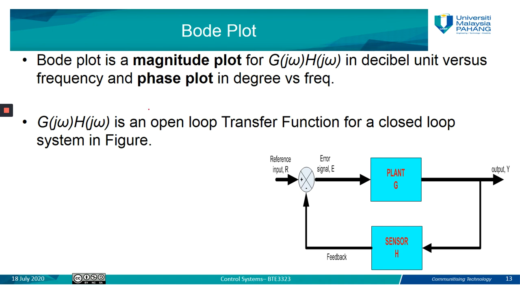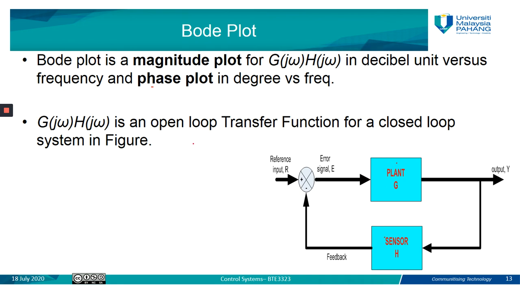In the next video, we are going to talk about the Bode plot and how we can draw the Bode plot actually. So we need to draw two plots, which are the magnitude plot and also the phase plot. And as we see, this is the closed loop transfer function or system, which consists of the forward transfer function and the backward transfer function.